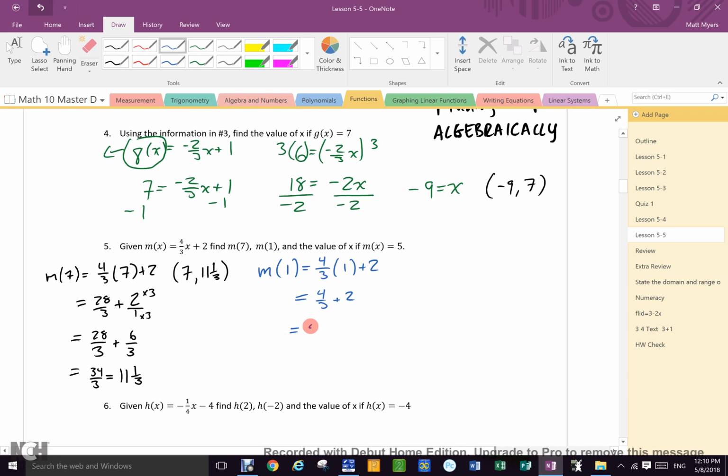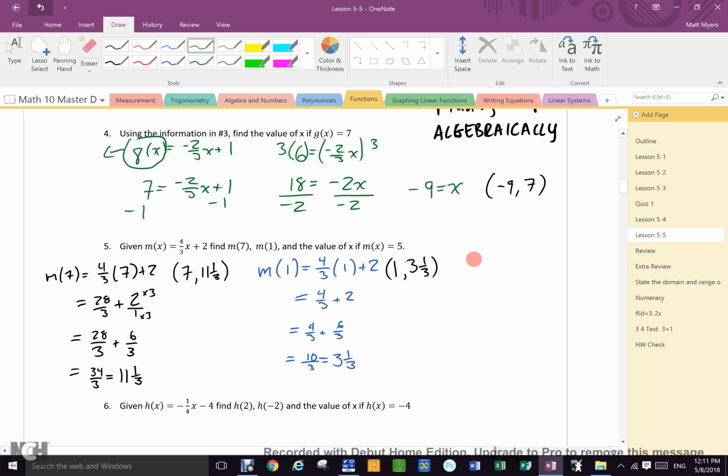We need thirds, so it's 4 thirds plus 6 thirds to get what? 10 thirds, which is what? 3 and 1/3. So what then, ladies and gentlemen, is my second ordered pair? Hey, Mr. Como. 1 and 3 and 1/3.